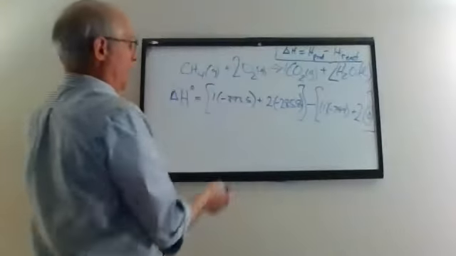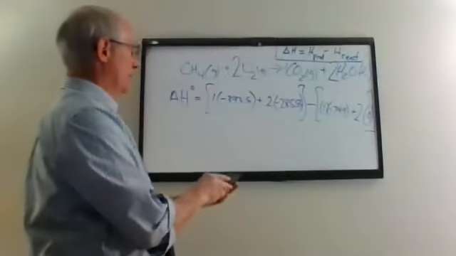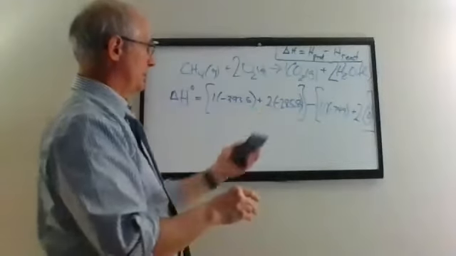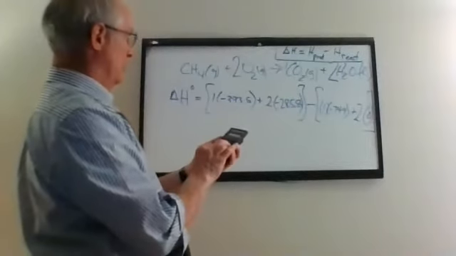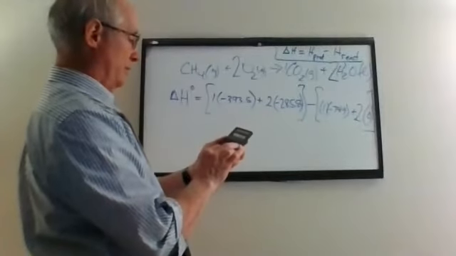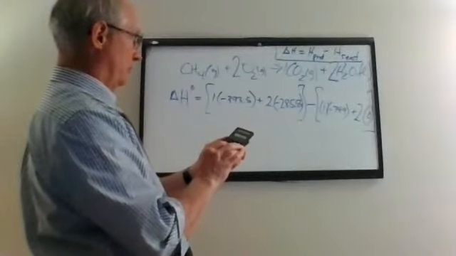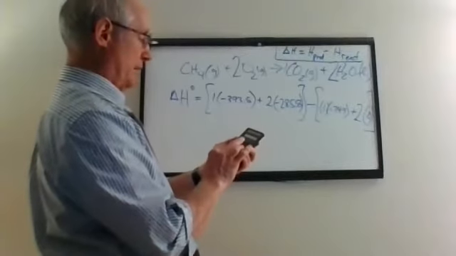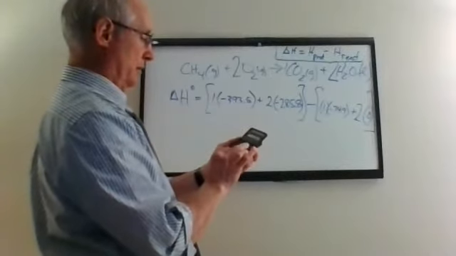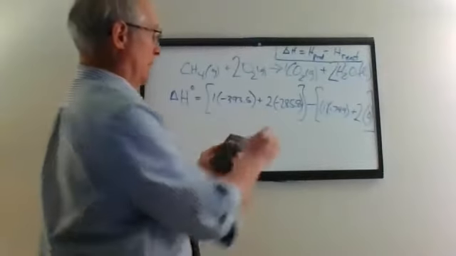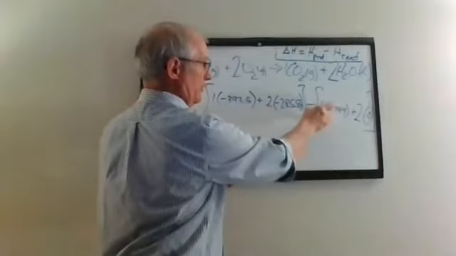And so we got negative 393.5 and negative 2 times that. So we're just going to go 393.5 plus 2 times 285.8 equals, and then turn it into a negative. And then a minus a negative is an add.